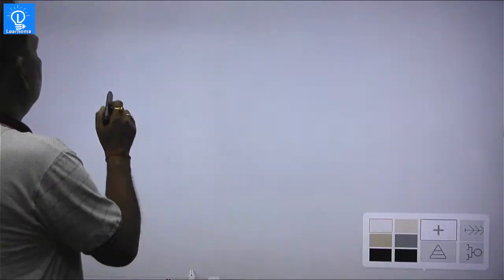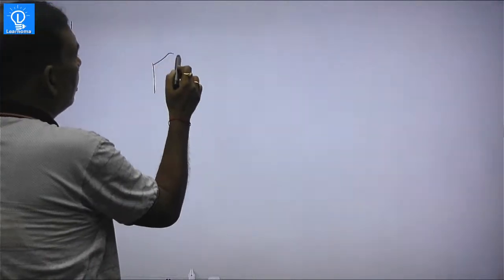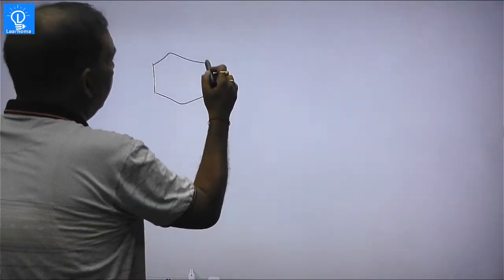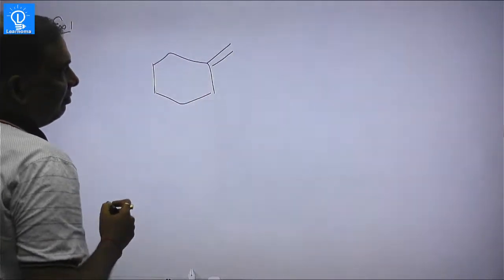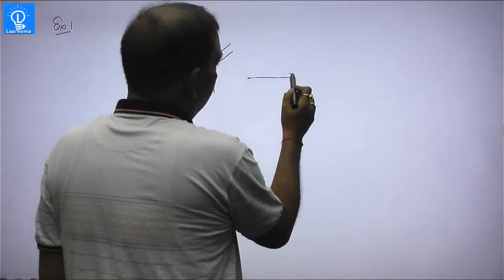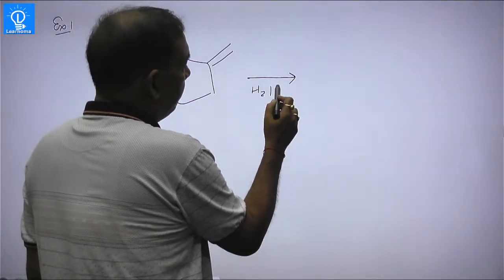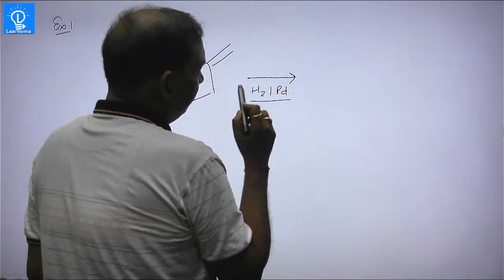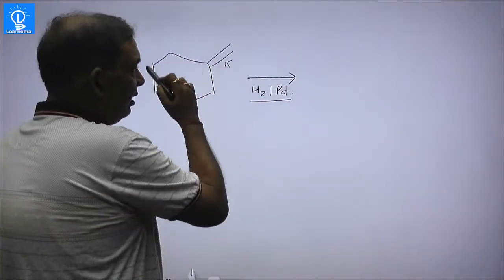Suppose we have this compound. This on hydrogenation with H2/Pd gives what? What is the product? This is the pi bond. This one is unsaturated.